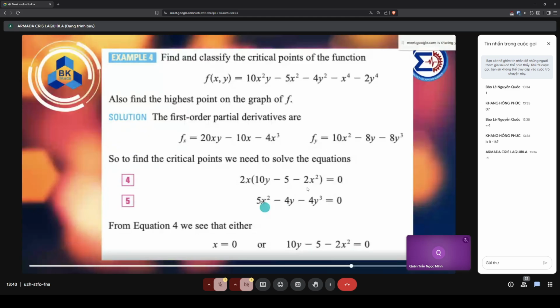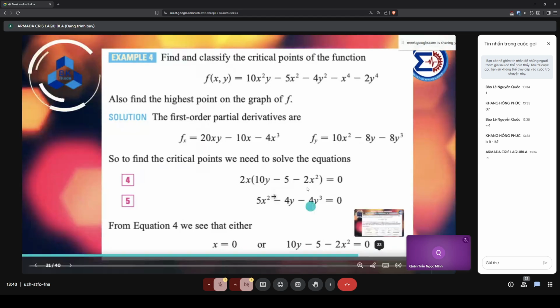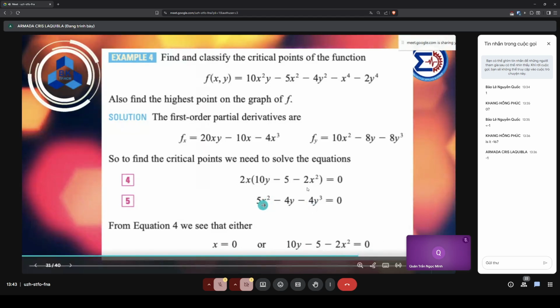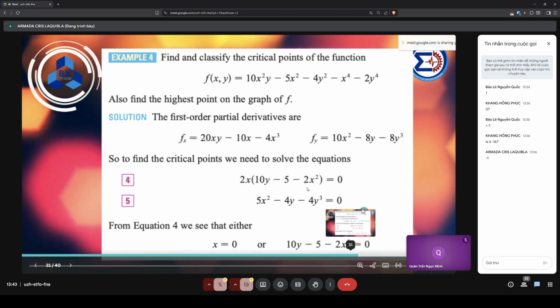Yes, you can see that. So what to do? We solve x squared in this equation, and then we substitute it in equation number 5, so that equation number 5 now contains only y variables. There are no x's here anymore if we do that, okay? So we solve the x squared in that one.